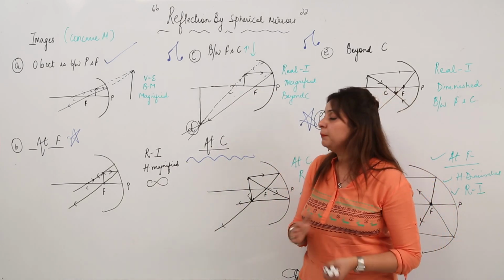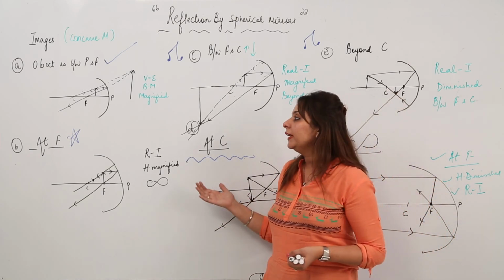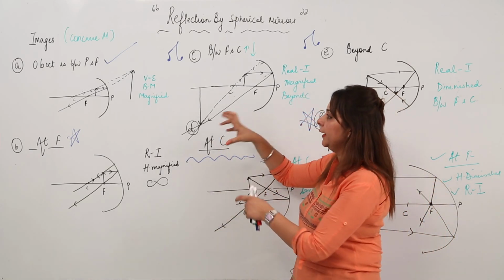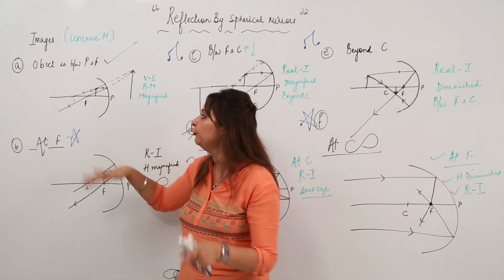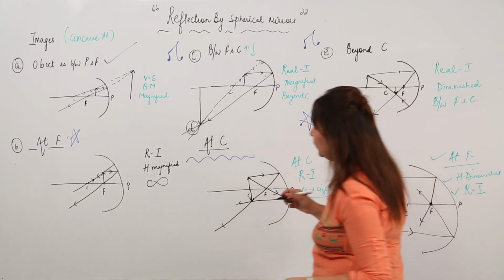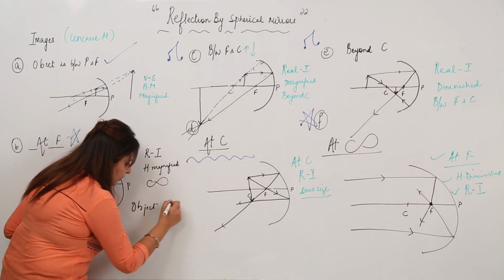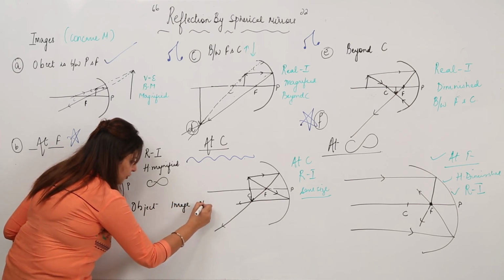So in a simple manner, like when I was a kid, that is how I learned this. I just made a tabulated form in which I made 3 columns: object, image and nature.